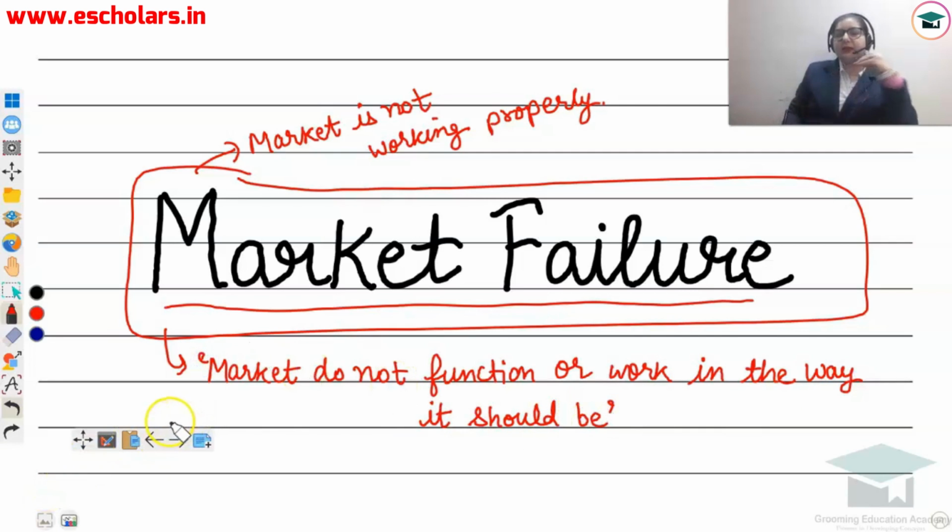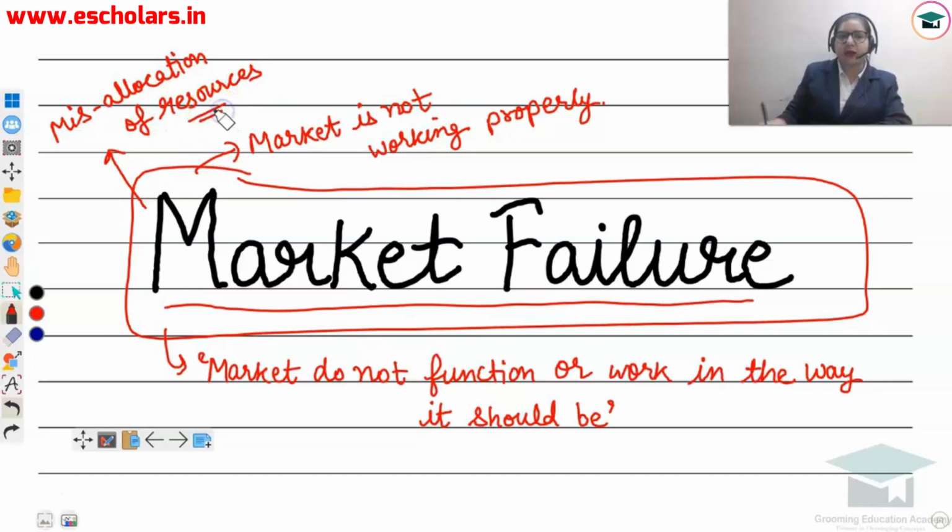Okay, basically market failure occurs whenever the market fails to allocate the resources of the economy properly in order to carry out the production. So basically market failure occurs whenever there is misallocation of resources of the economy.